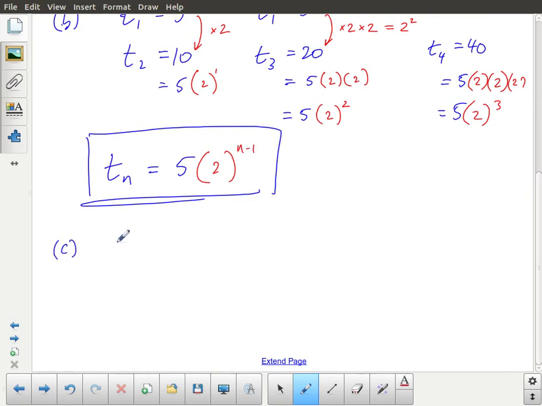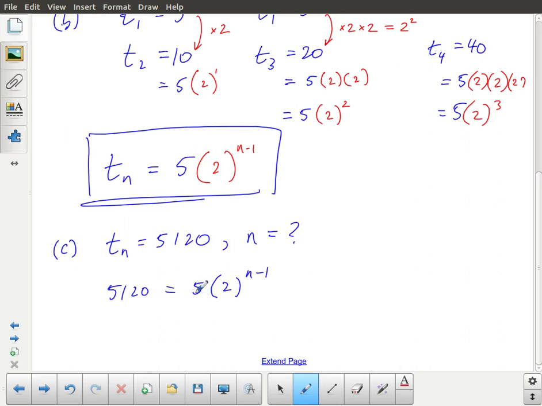I want to know, if Tn is 5120, what is the value of n that goes along with that? So I put that into my general expression. I replace Tn with 5120, and now I'm going to solve for n.